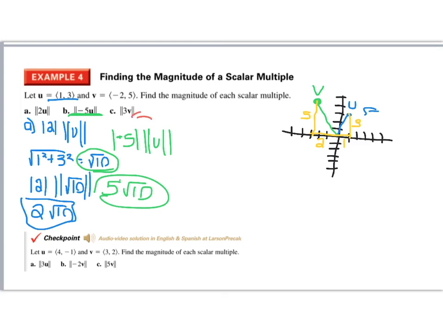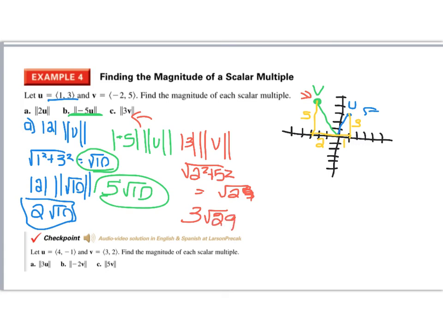Now we need to do the absolute value of 3 times the distance of V. And again, here is V, so we're going to do the square root of 2 squared plus 5 squared. And we end up with the square root of 29, multiply that by 3, so the answer is 3 square root of 29.